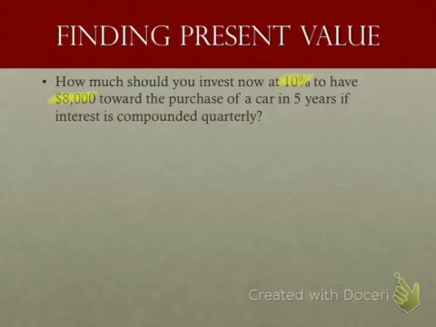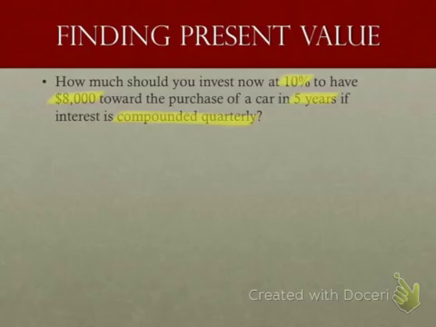We have $8,000 that we want to have in 5 years. So this is not the money that we are putting in right now. This is what we want to end up with.